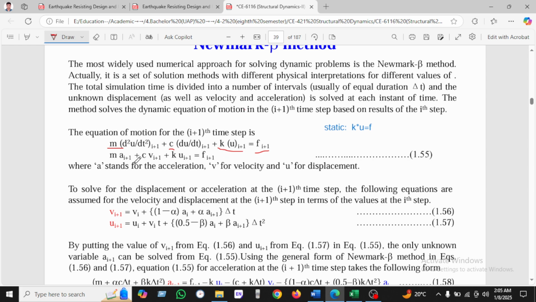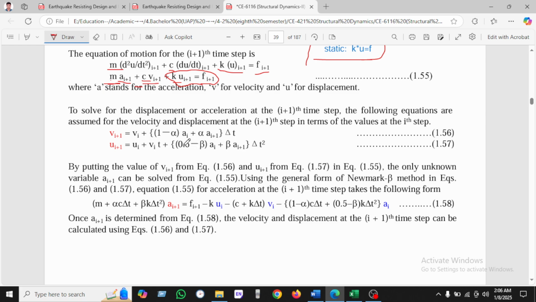So here the equation is M A plus C V plus K U equals F. K U equals F is the static case, and the dynamic portion is added: M A plus C V. M is mass and A is acceleration, C is damping and V is velocity. V is derived from this equation, and we can see displacement derived from this equation.